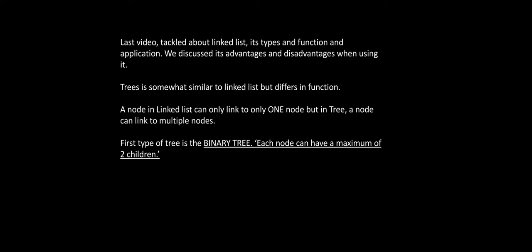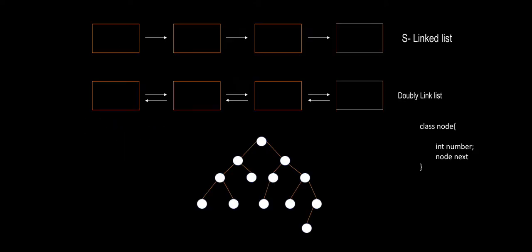And let's do a little recap on our previous video about linked lists. Here is an example of a single linked list, and on the bottom right is code for a class which I named Node and has an int data number and a Node next which accesses data in a single direction.